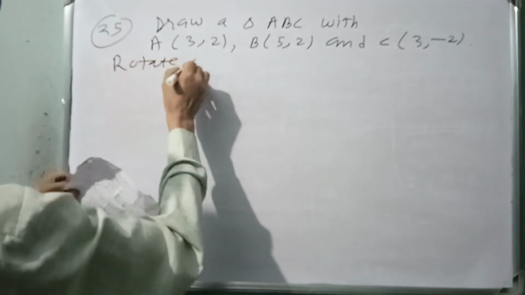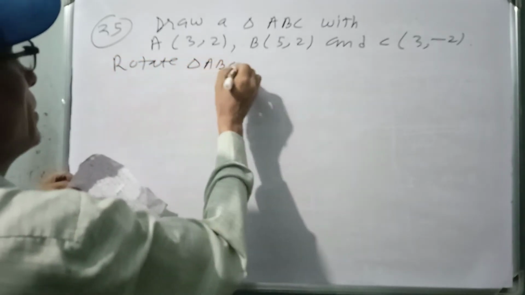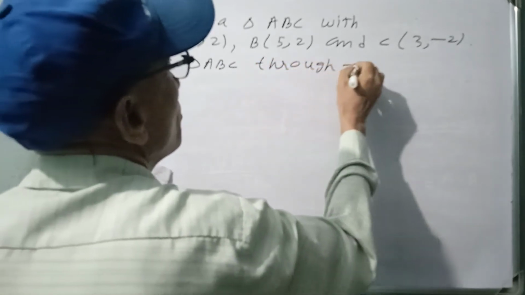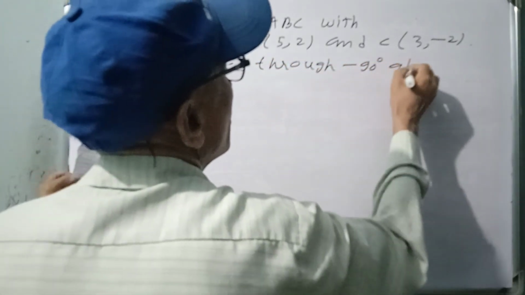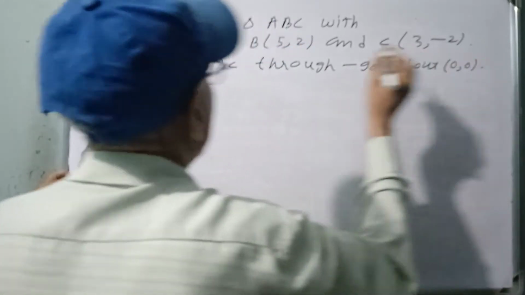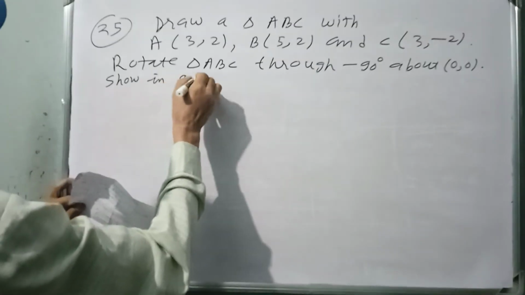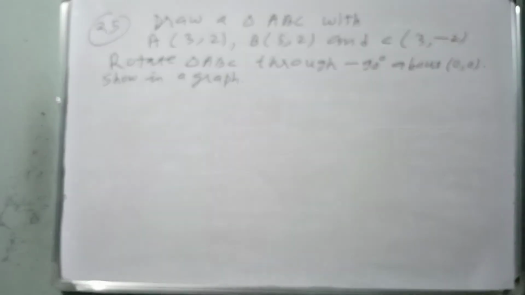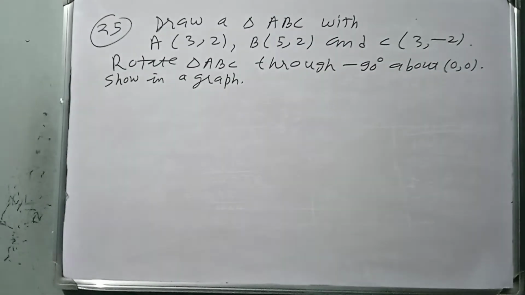Rotate triangle ABC through minus 90 degree about the origin. Show in a graph. What to show? Show the object and image. दुईटै object र image दुवैलाई एउटै ग्राफमा प्लट गर्ने.